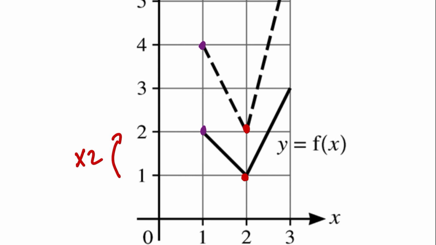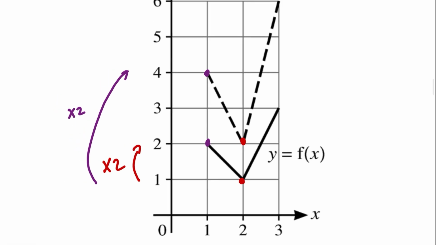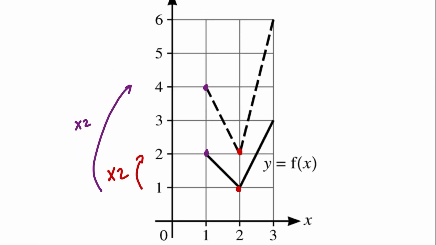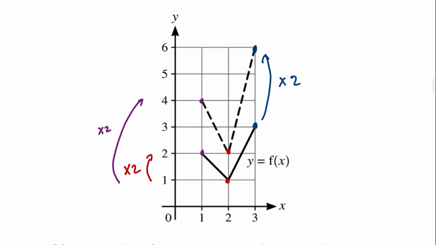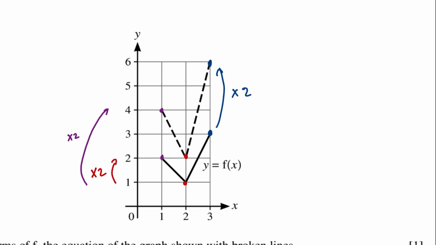So the purple one multiplied by 2. If you look at this, this is 3, this 3 becomes 6. So we multiply the y value by 2. That means we do a vertical stretch.